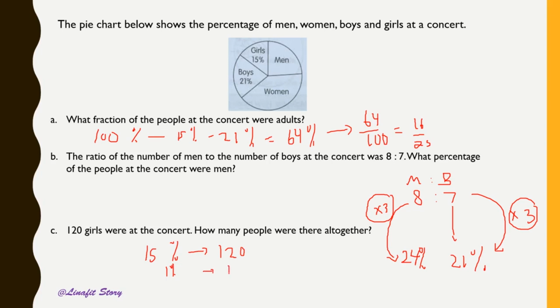So 120 divided by 15 equals 8. Then how many people were there altogether? The total is 100%. So 100 times 8 equals 800. So there were 800 people altogether.